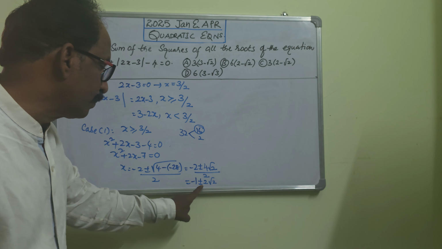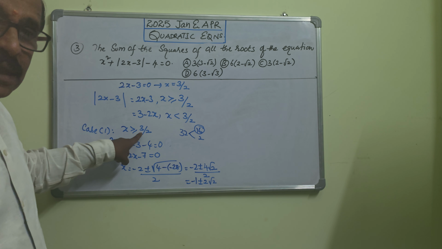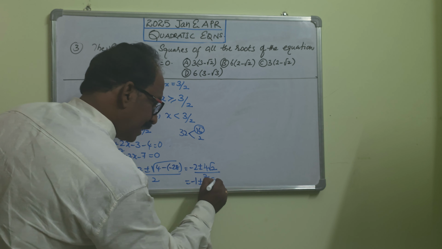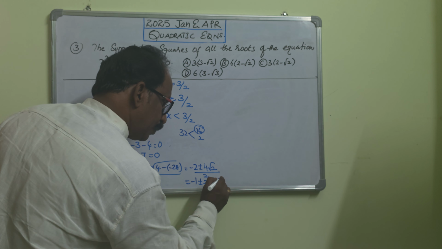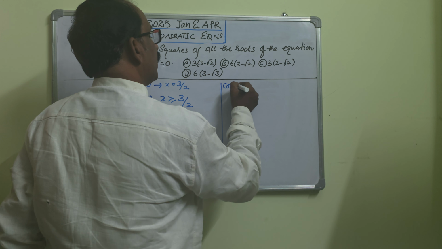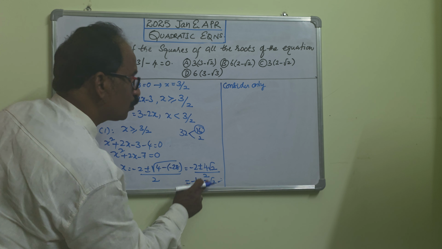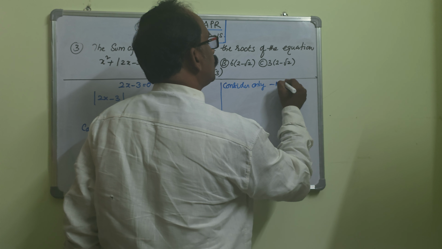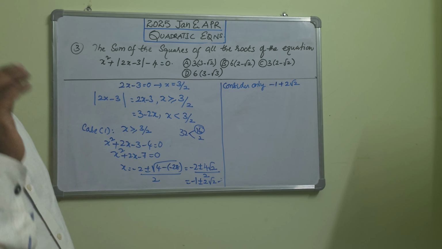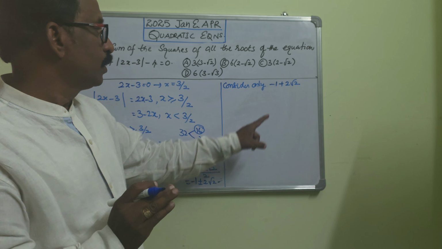Now minus 1 minus 2 root 2 is negative, but x is more than 3 by 2, so that is neglected. Here we consider only minus 1 plus 2 root 2. 2 root 2 means root 8. Root 8 means 2 point something, it is more than 2.